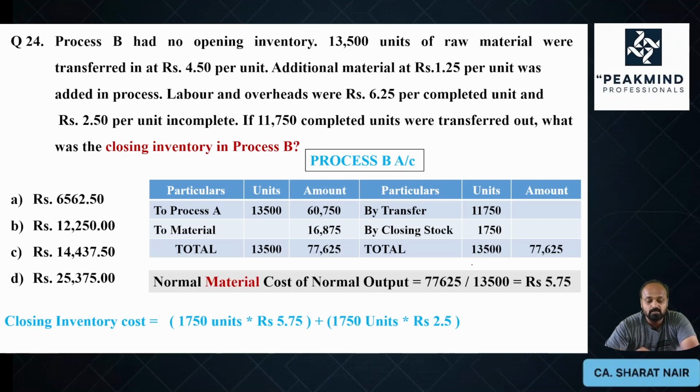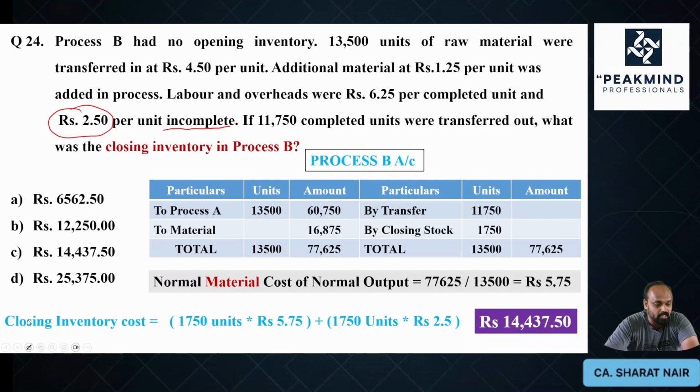Now 1,750 into 5.75 plus 1,750 into 2.5. Please remember this line: the share of labor and overheads in incomplete units is given in the question. So the total of material and labor and overhead together we will get 14,437.5. So your answer here will be option C, which is 14,437.5.